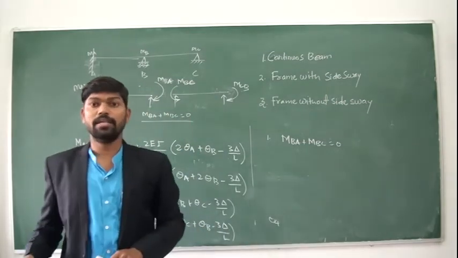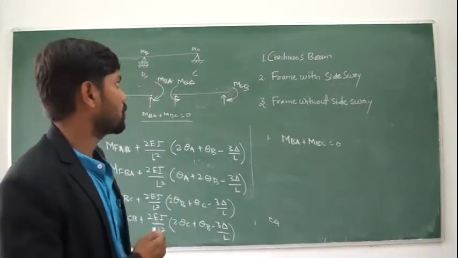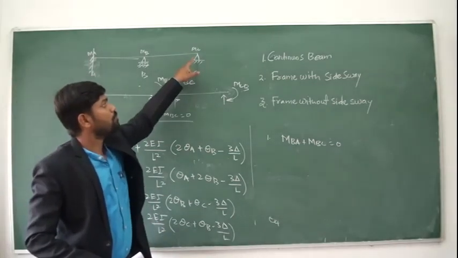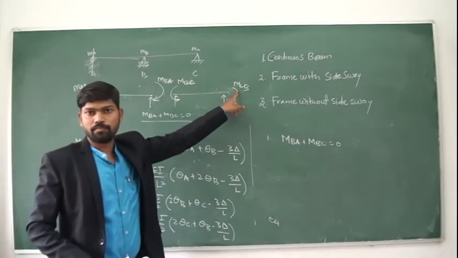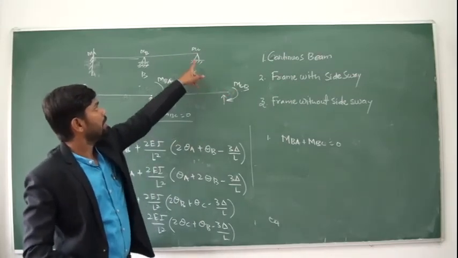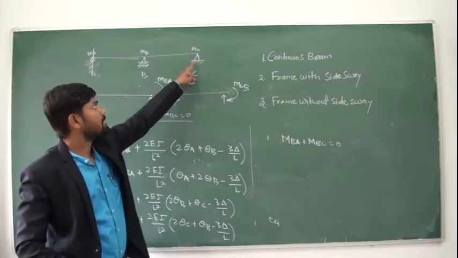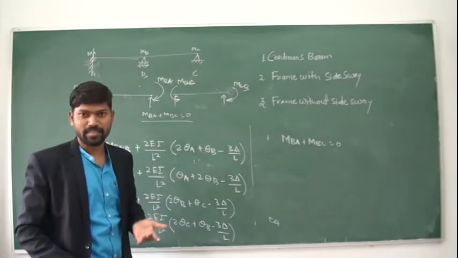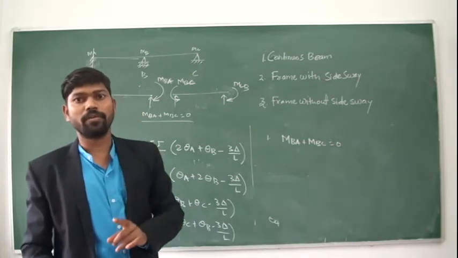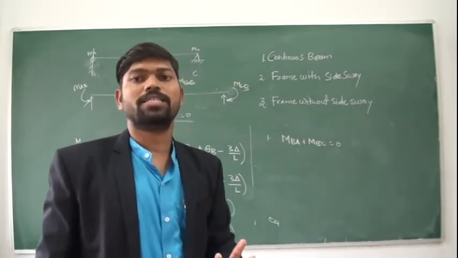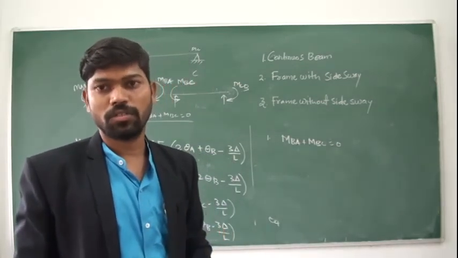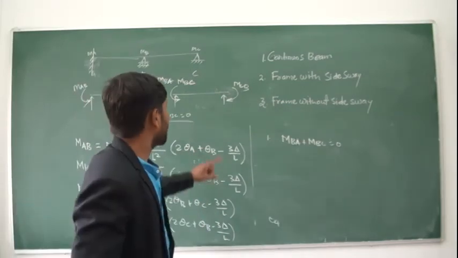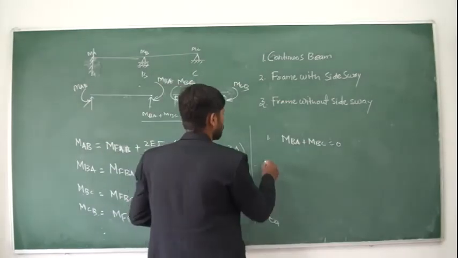One more equation can be developed for this particular beam. That is, what about MCB? MC is the moment at support C, whereas support C is hinged and an end support. I have told you in my previous lecture, if the end support is roller or hinged, then its moment will be equal to 0. It means that MCB is equal to 0.